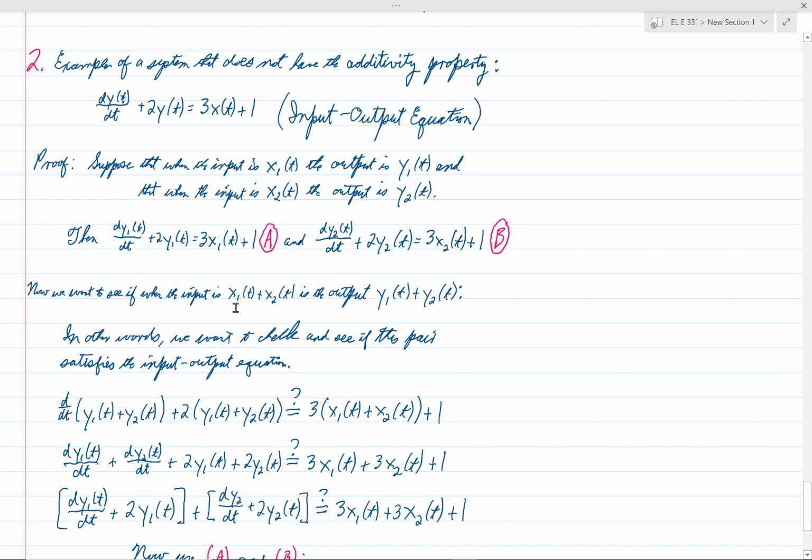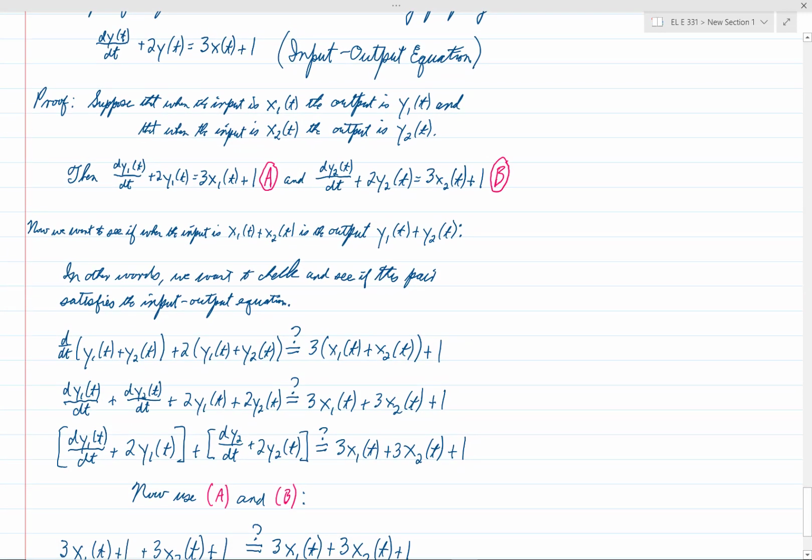We'll plug in y1 plus y2 everywhere we see a y, x1 plus x2 everywhere we see an x, and let's see what happens. So here's d dt of y1 plus y2, 2 times y1 plus y2, 3 times x1 plus x2 plus 1. And then just as before, the derivative of the sum is the sum of the derivatives.